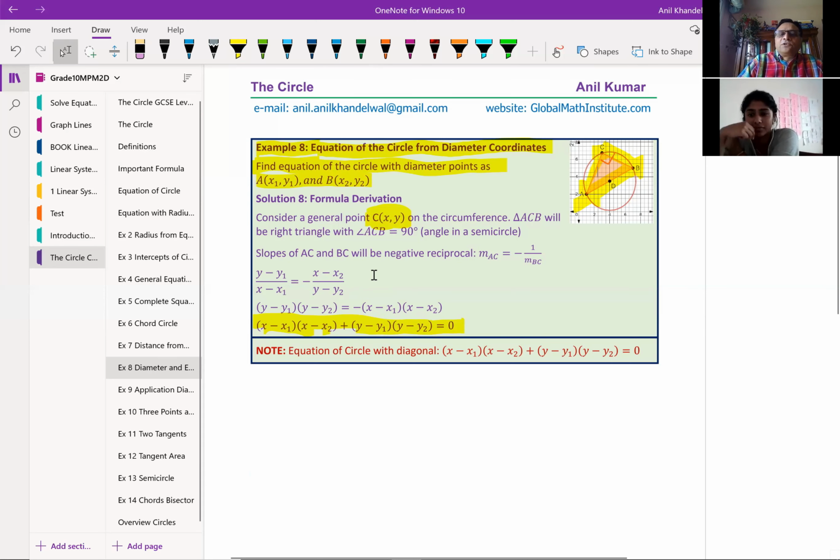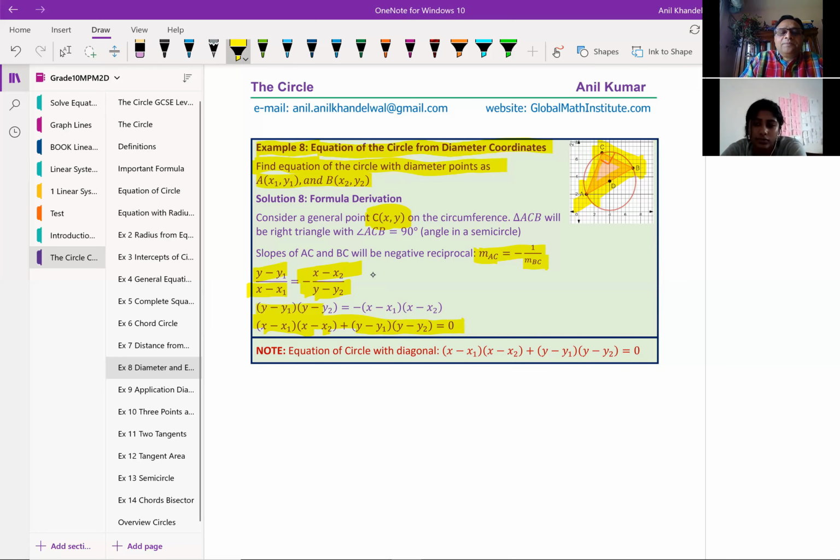So we derive a slope formula. We know x1, x2, y1, y2. Find the slope of A and C, find the slope of B and C, and relate them with negative reciprocal. Clearly, y minus y1 over x minus x1 is the slope of AC. The slope of BC will be flipped, the negative reciprocal: y minus y2 goes in the denominator, and x minus x2 comes to the numerator with a negative sign.